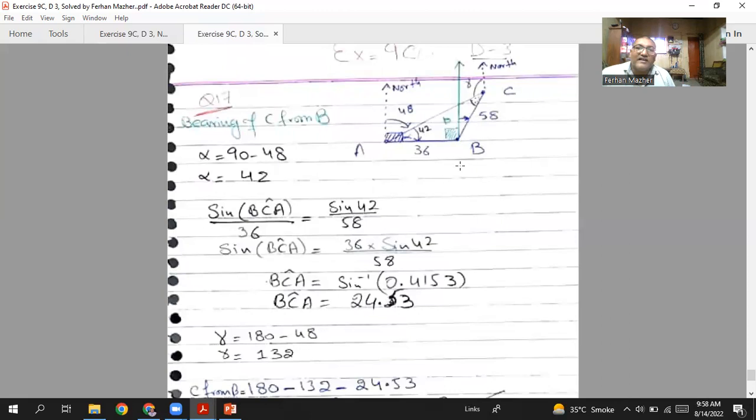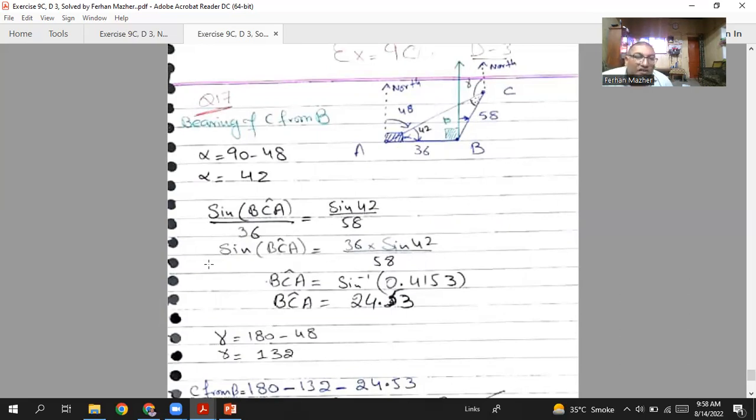I will draw a north here, and the bearing of C from B is the basic question. I want to actually find this small angle. So I apply the law of sines: sine of angle BCA divided by 36 is equal to sine 42 divided by 58, because I know these two sides and I want to find this angle.